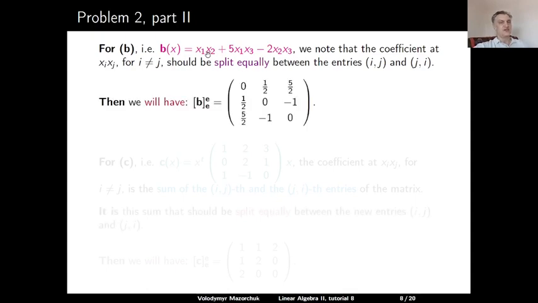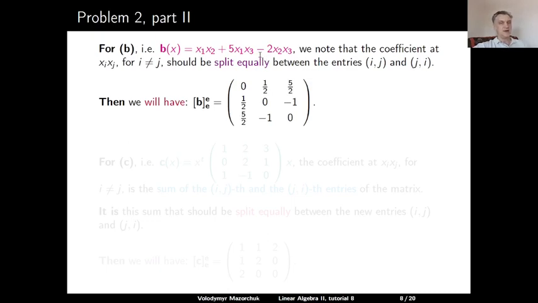So there are no coefficients at squares, so the diagonal is 0. We have coefficient 1 for x1 x2, so we have 1 half in position 1, 2, and we have 1 half in position 2, 1. We have coefficient 5 for x1 x3, so we have 5 divided by 2 in position 1, 3, and we have 5 divided by 2 in position 3, 1.